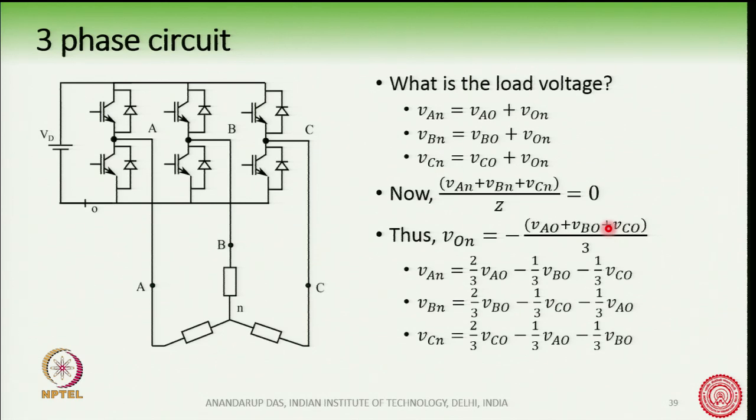If all three are 0, then there is no output voltage from the converter. But in order to get some output voltage from the converter, one of them must be VD, and therefore, there is an instantaneous voltage difference between points O and N.